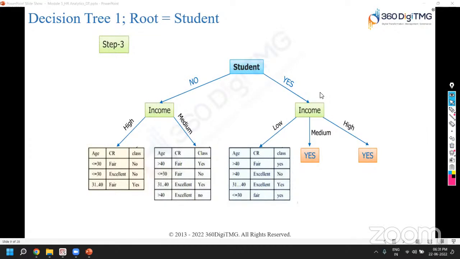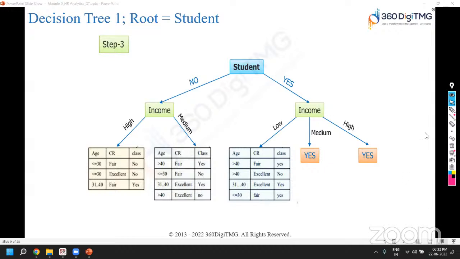If the incoming customer is a student, and that student falls under an income group of either high or medium, then we have the decision. In both cases, the customer is going to purchase the computer.